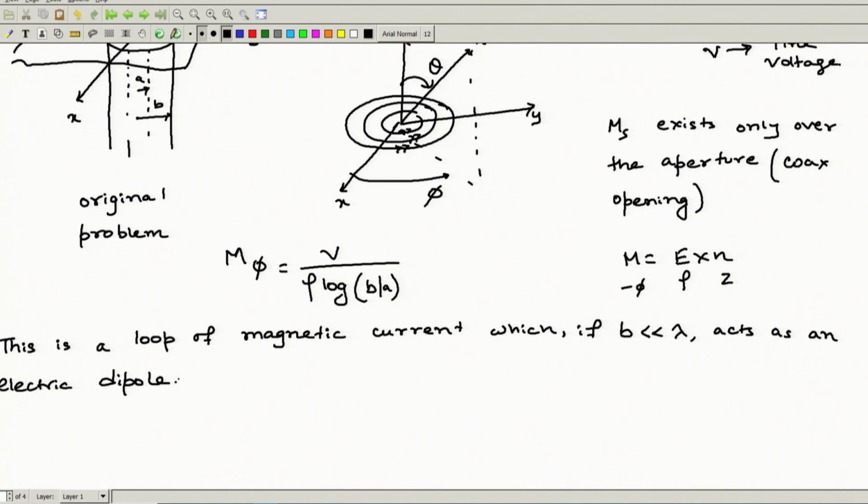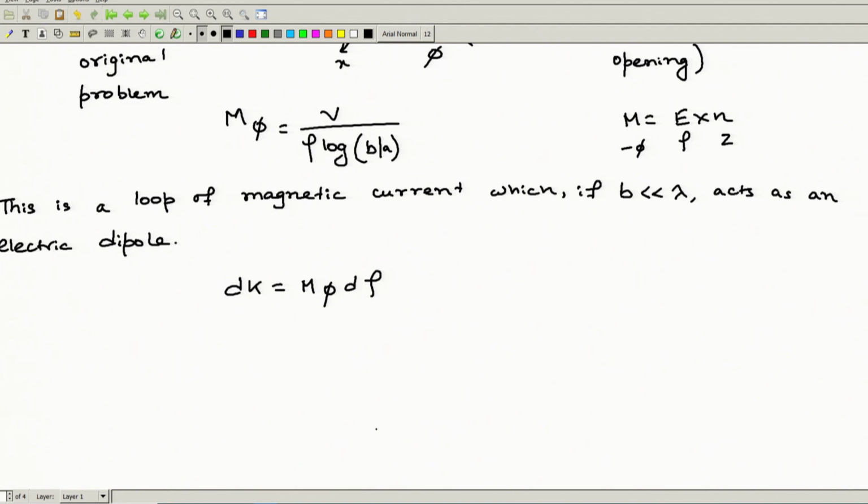Now this current is visualized as a continuous distribution of magnetic current filaments, in which the strength we can write as dK is M phi d rho.